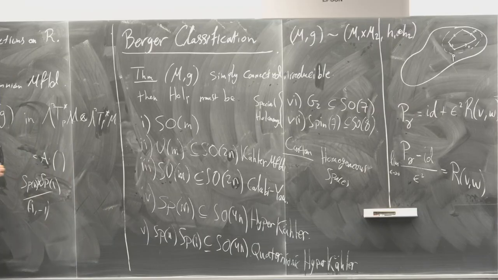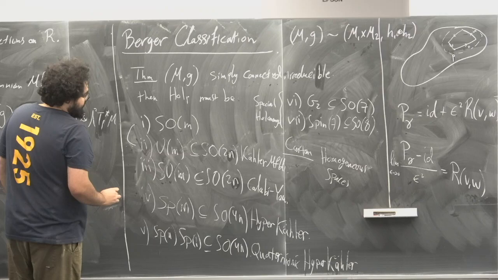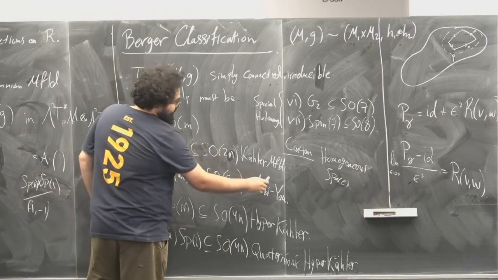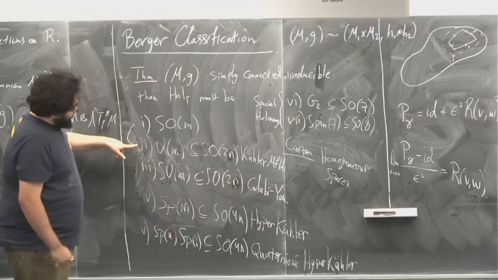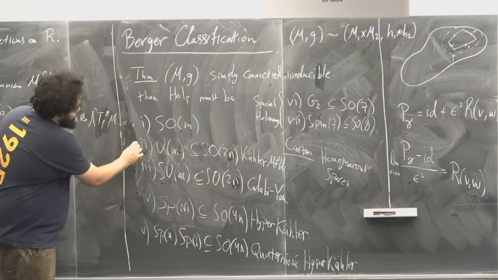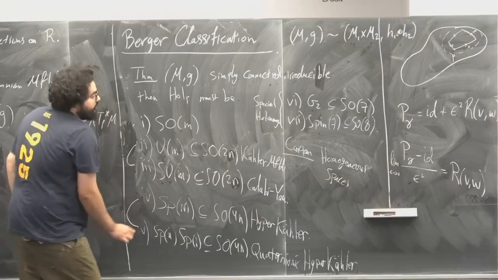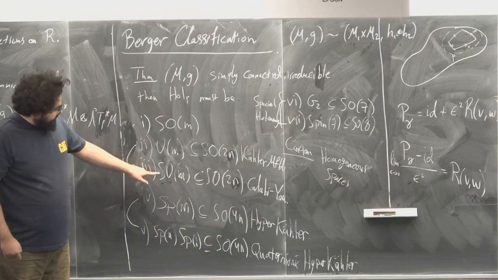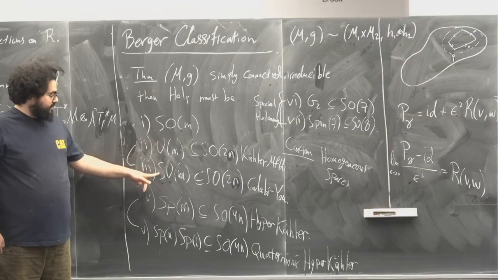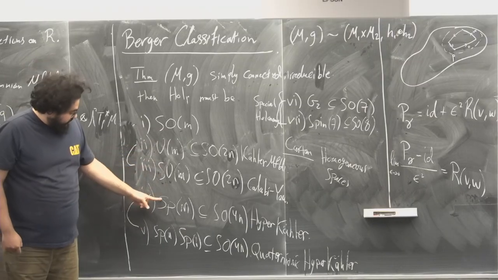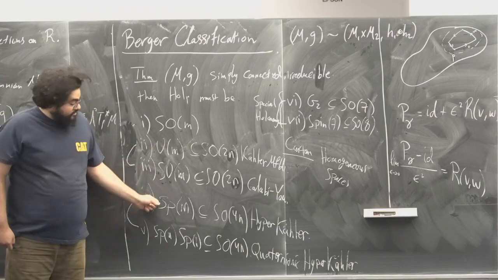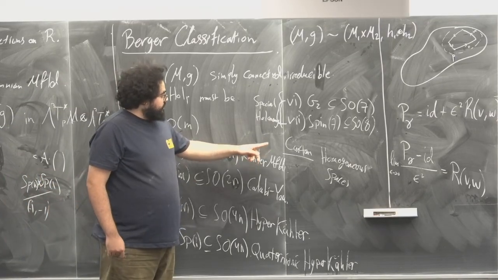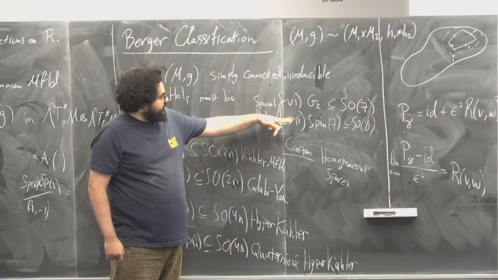Yes, but they sort of come in pairs. The interesting cases are that they come in pairs like this, and the smaller ones, like SU(m), is a subset of U(m). This one is Ricci flat. Sp(m) is sitting inside of here, and this one is Ricci flat, and I think these are related.